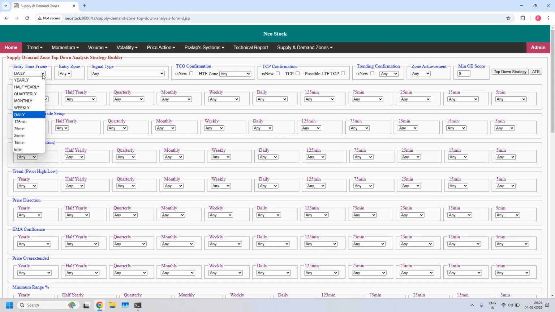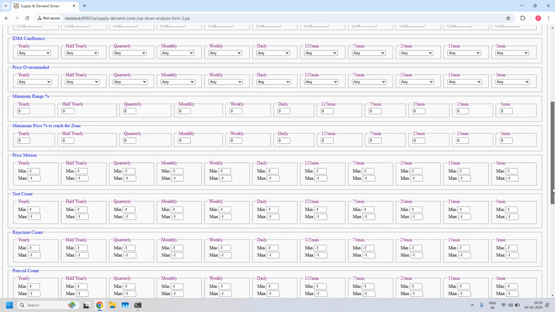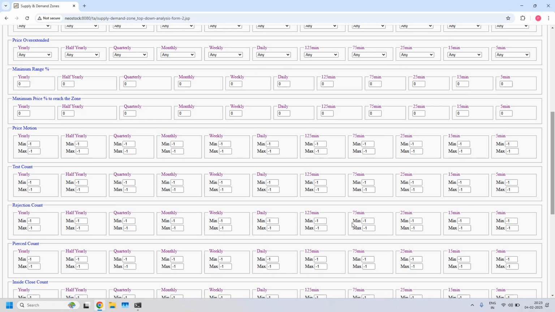So for hourly income trade, bullish trade setup, the entry time frame is 5 minutes, and the entry zone is the demand zone. In bullish or bearish trade setup, at the 5 minute time frame, I am selecting bullish, and for these 5 minute demand zones we should set 3 filters. First filter, the 5 minute demand zone should not be pierced.